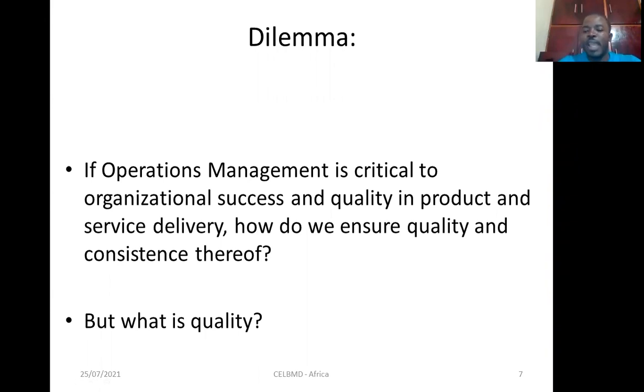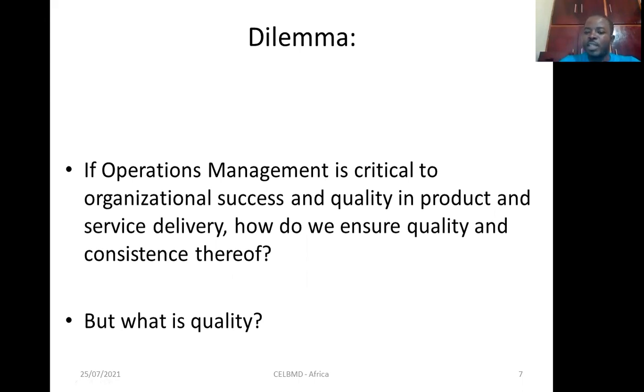If client A buys that product or service today, and client B buys the same product tomorrow or next week or next month, there shouldn't be any difference in what that product serves them. That is measured in what is commonly referred to in operations as quality.